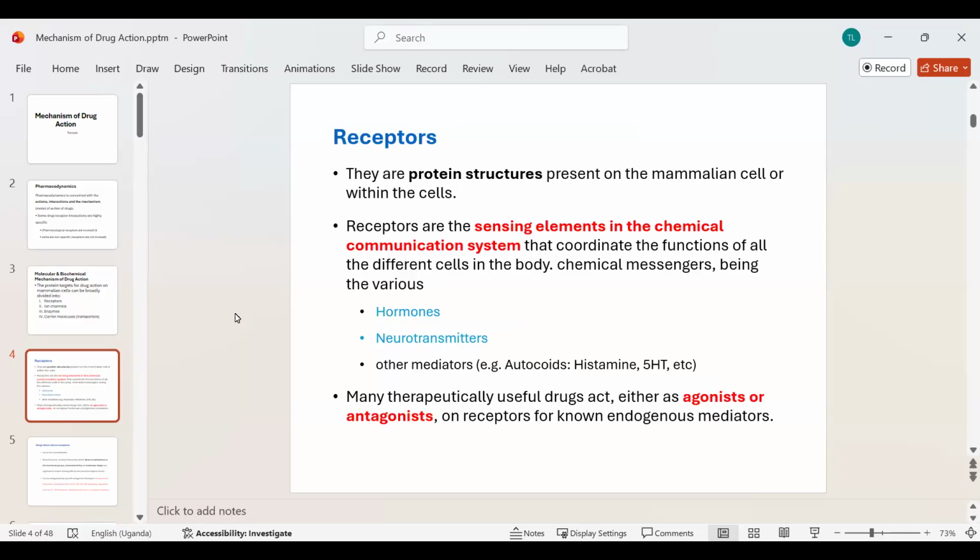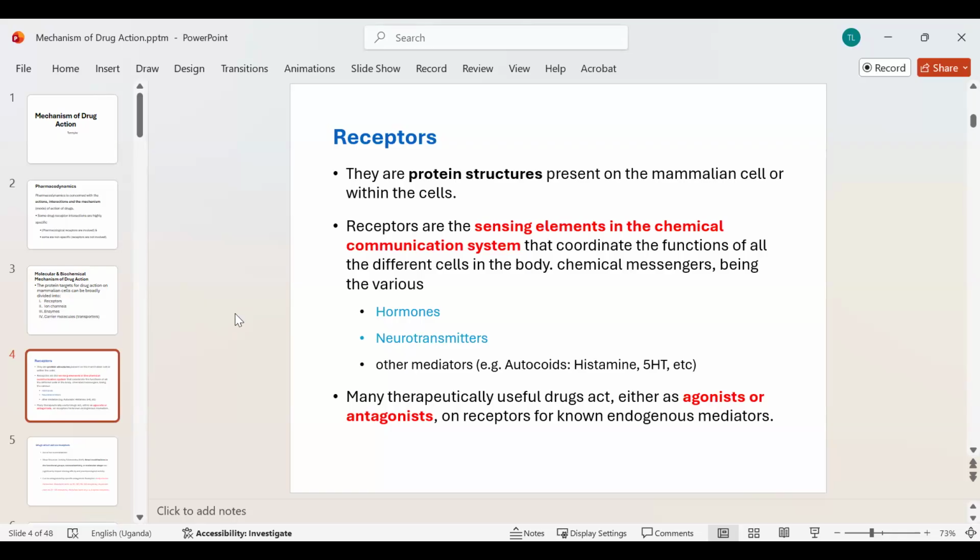They are protein structures present on mammalian cells, within the cells. Receptors are the sensing elements in the chemical communication system. They coordinate the functions of all the different cells in the body.